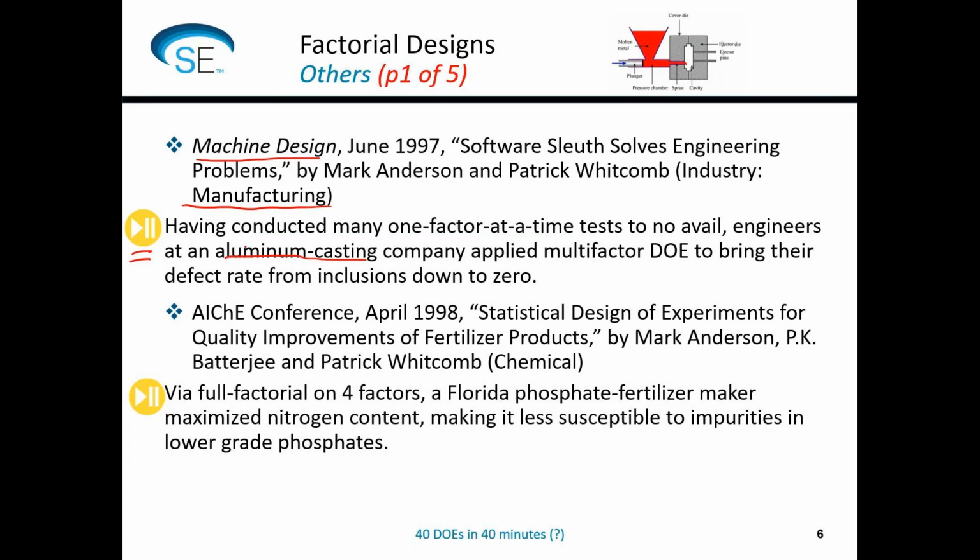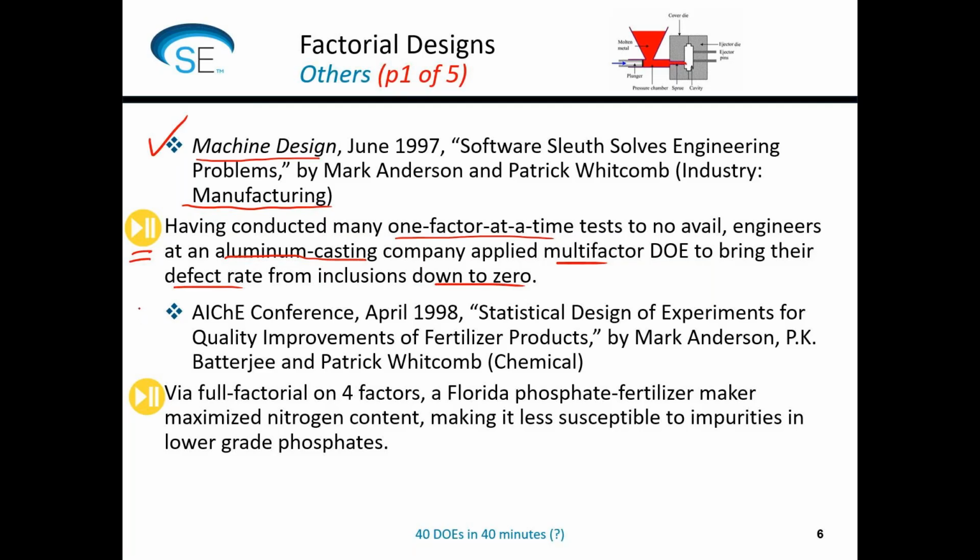And just read through that. The thing that strikes me here is oftentimes the story is that one factor at a time has been applied, and then they finally decide they better do a multi-factor approach, which is kind of a common theme. But all of these have some success story. In this case, the defect rate from occlusions is reduced to zero.